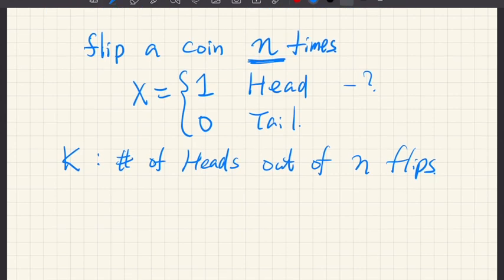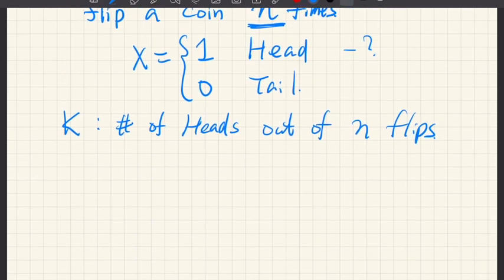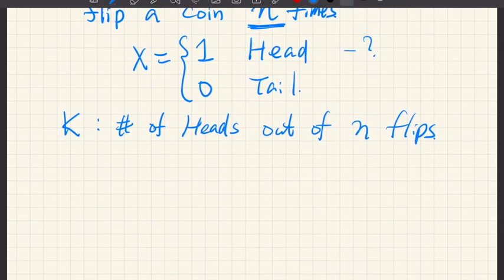Okay. So how do we calculate this? And we are not interested in the order of appearance of heads. We just care about the number of heads out of n flips.